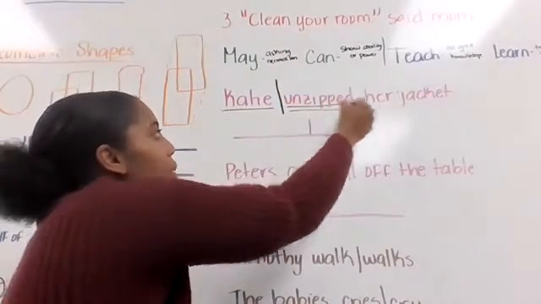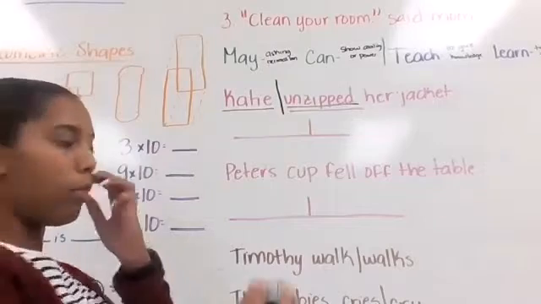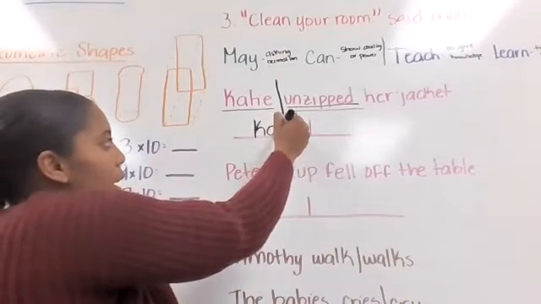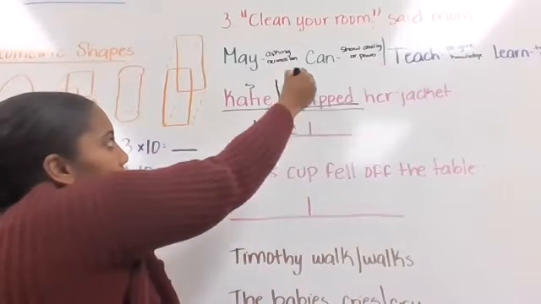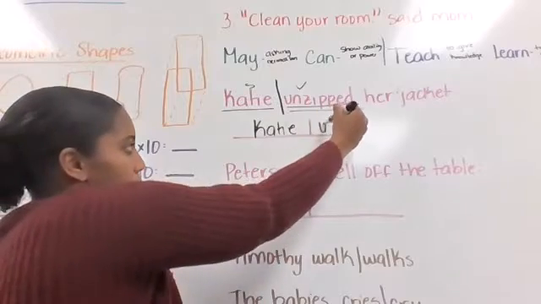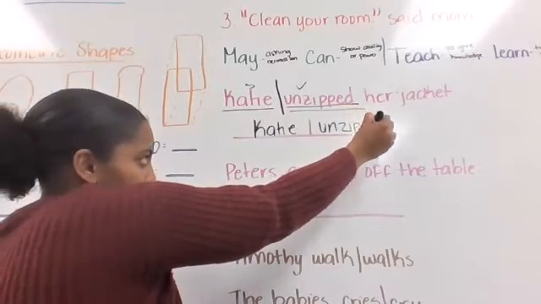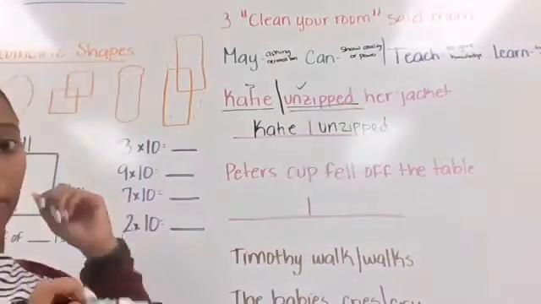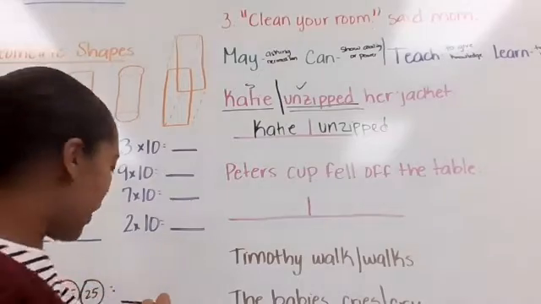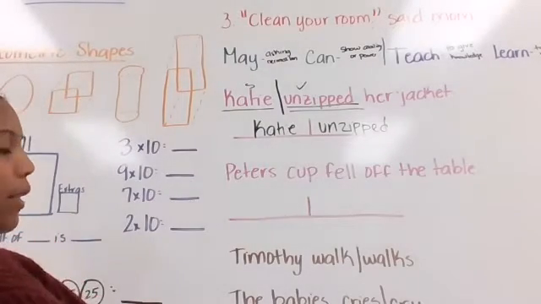Underline that twice. Katie is the subject here and unzipped is the verb. That's how we diagram. We divide our sentence and we identify what's the subject and the verb.